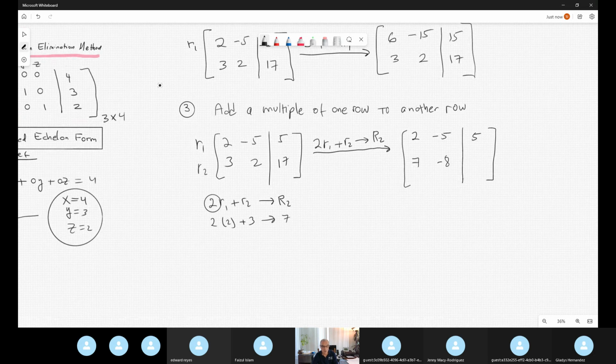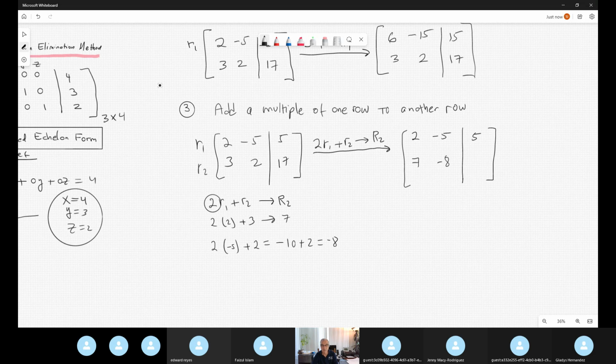It's the same operation, but different numbers participate. The 2 stays because it's a common multiplier used in the definition of this row operation. Multiply by -5 plus 2. This -5 is this, and this 2 is this, in the same column. So -10 plus 2 is -8.